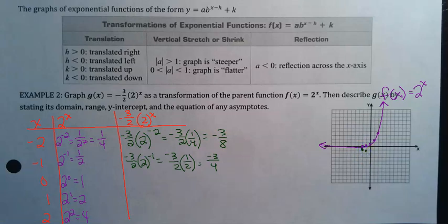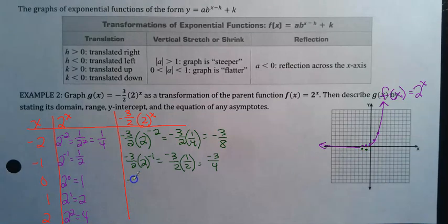Let's see, maybe I can try to do better on my dots. Oh no, I'm erasing all my work. Never mind. Let's see if I can get my eraser up in there. That's better. Okay, so let me go back and do my negative 2 and negative 3/8, negative 1, negative 3/4.